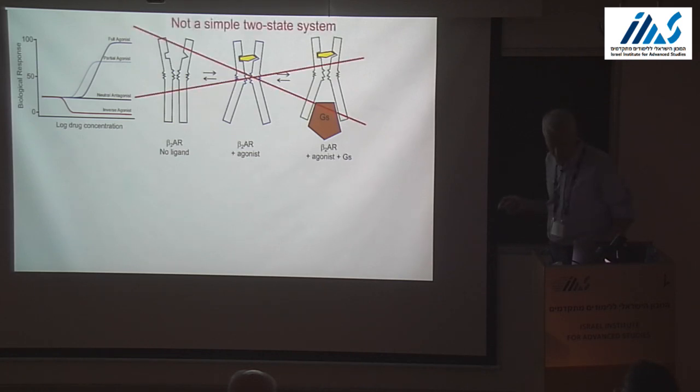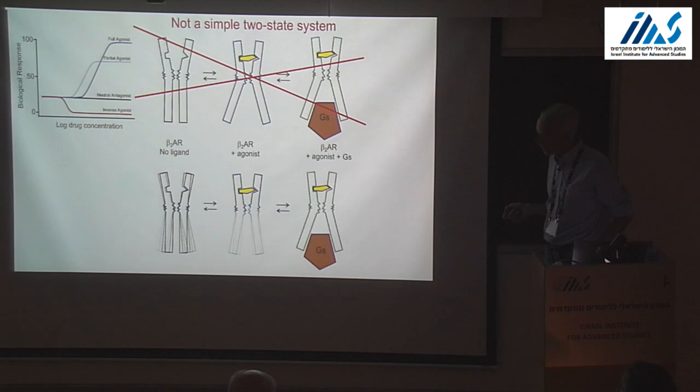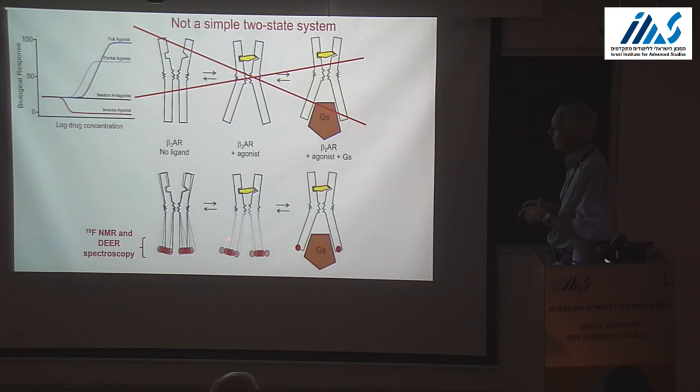And many other kinds of studies that we've done since then, including additional fluorescence studies, NMR studies, and EPR studies, double electron resonance spectroscopies, confirm the fact that these are really flexible, that they exist in ensembles of states, that agonists simply increase the probability of being in an active state, but don't fully stabilize an active state, and that you really need a G protein or some other stabilizing protein to get an active conformation.